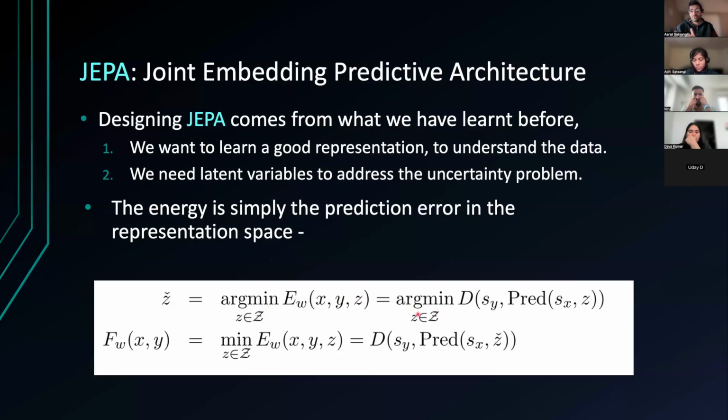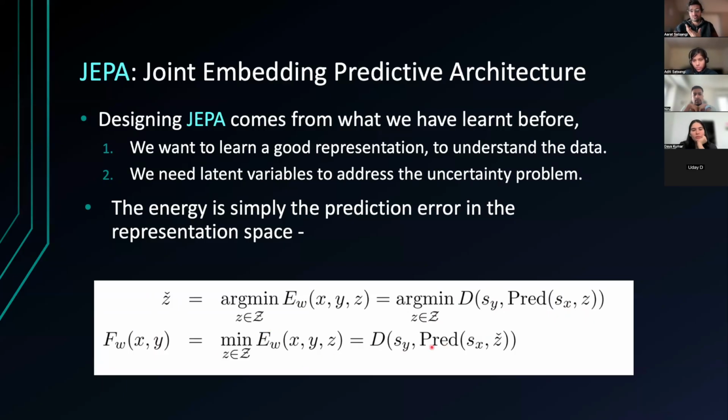So there is an argmin over z. In JEPA, there is a predictor that takes in z and the representation that you have extracted from the X encoder and the Y encoder. I will show you an image that will make it much clearer. And then after you have minimized this, you have a z bar. That is the optimal z. And then you come to finally calculating the energy of that.